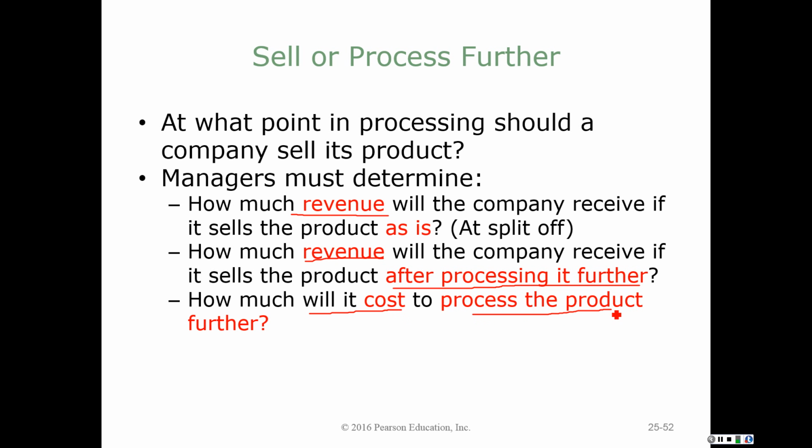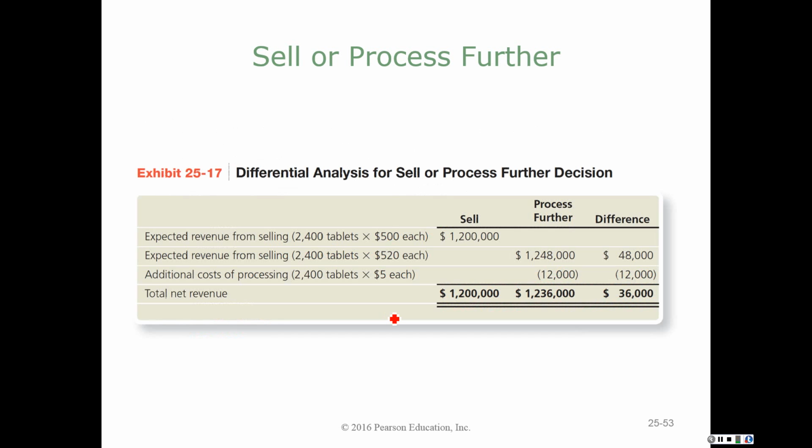They've told us both of these. I would generate additional revenue of $20 per tablet, and additional cost for that USB of $5. So when we do a comparison with our financial information, I currently sell the tablets for $500. If I do not add the USB port, I would generate $1.2 million in expected revenue from selling the tablet as it is.